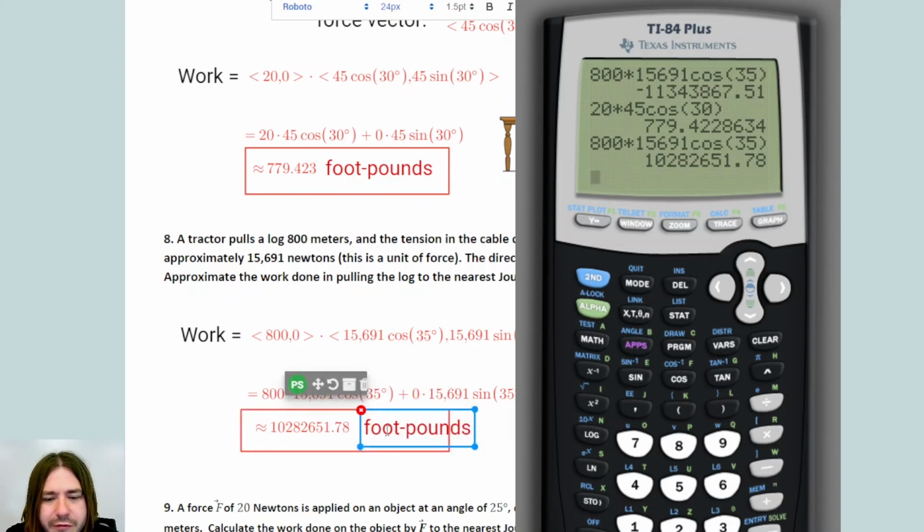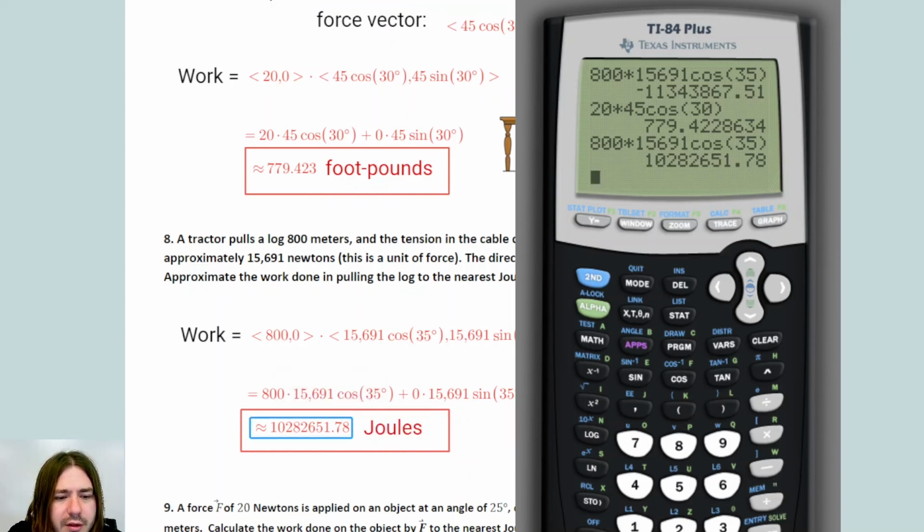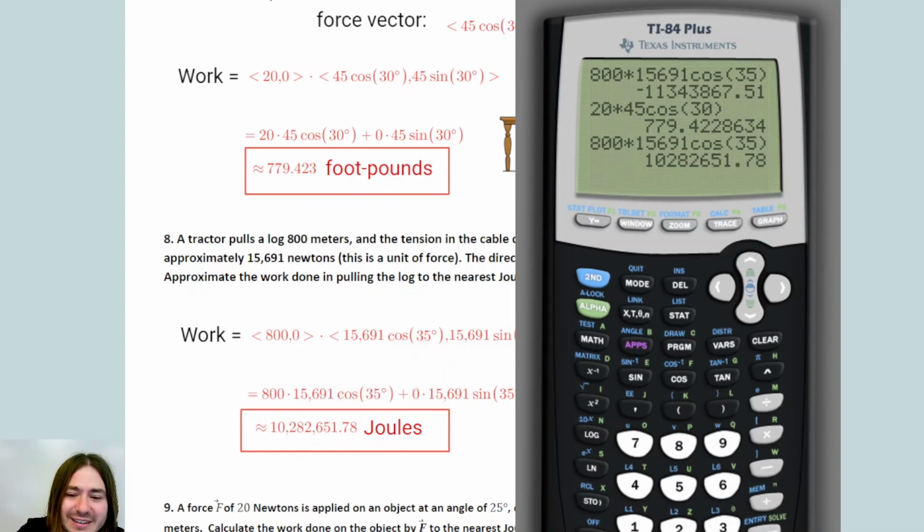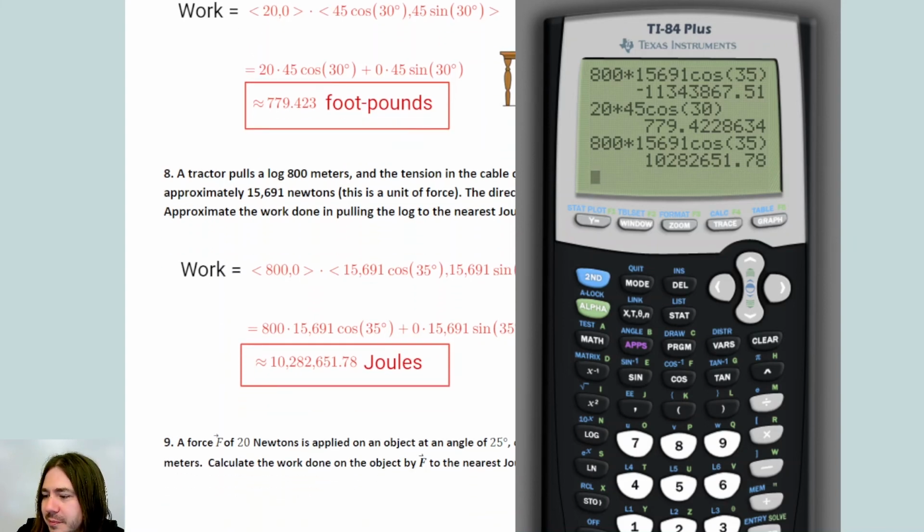And this is not going to be in foot-pounds. This is going to be in joules. So it looks like a little over 10 million joules. We'll just say it rounds to 10 million. At that scale, that's huge. Okay, so there's number 8.